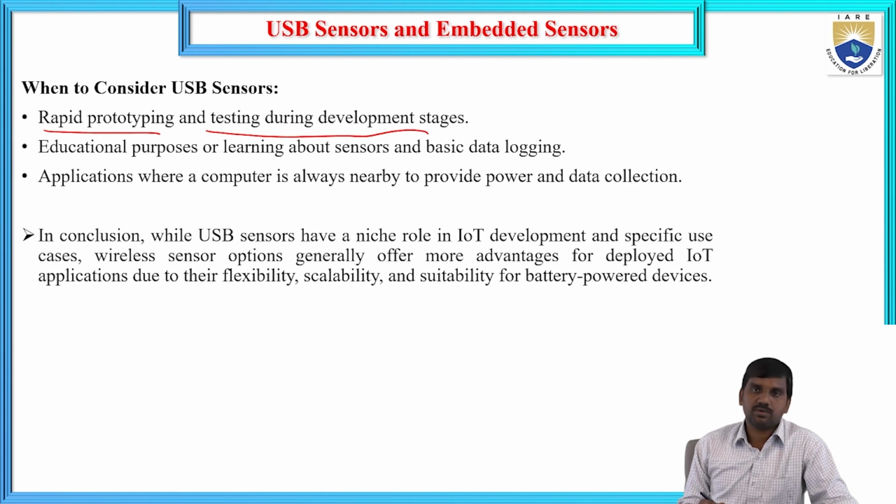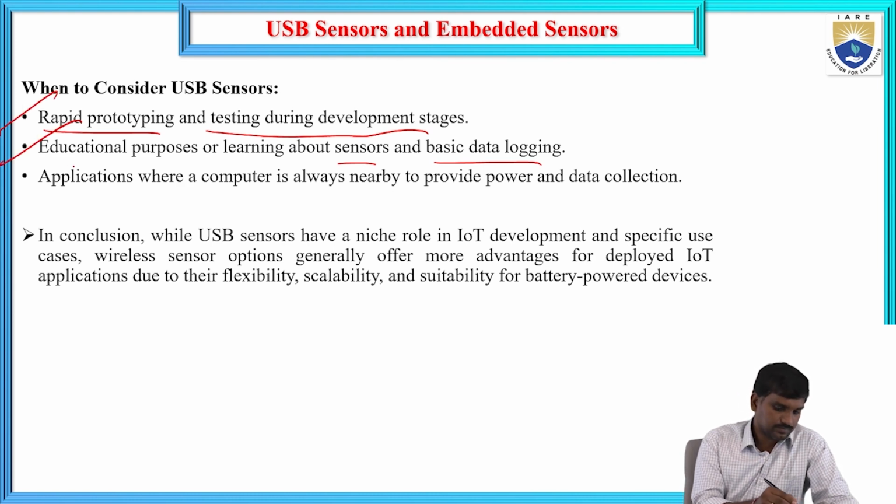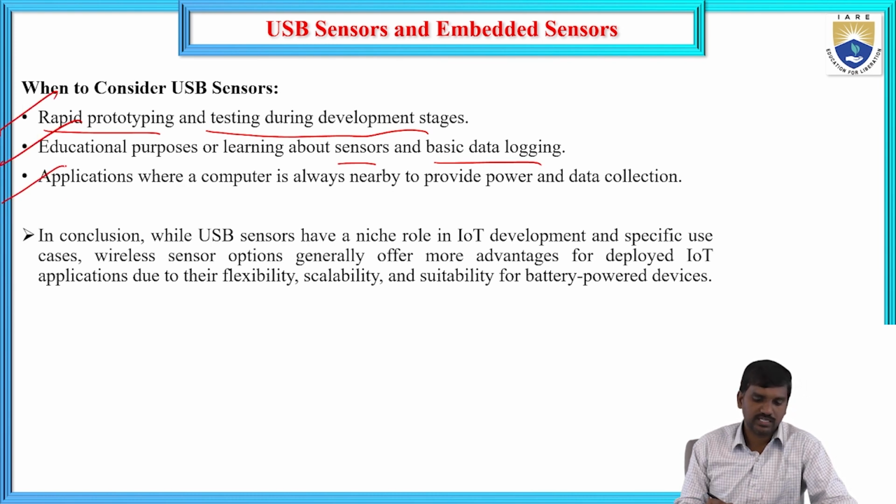Second one, educational purposes or learning about sensors, basic data logging, that is just used to develop. And applications where a computer is always nearby to provide power and data collection. So these are the three main reasons to consider USB sensors. In these three cases, USB sensors are essential.